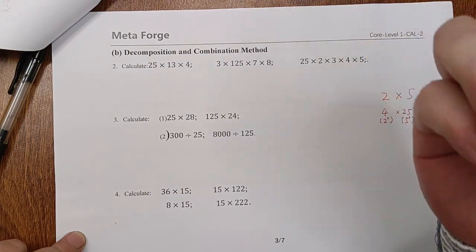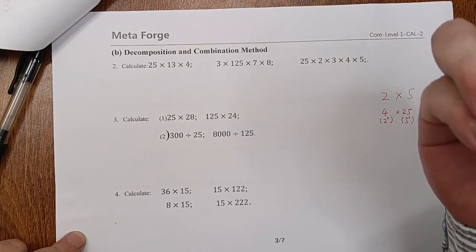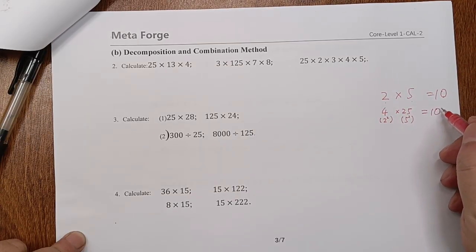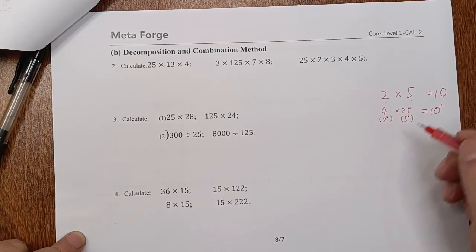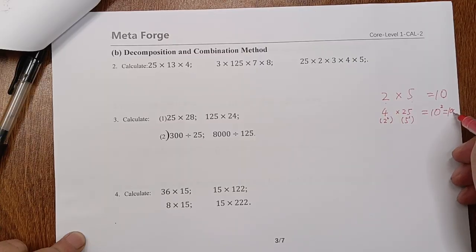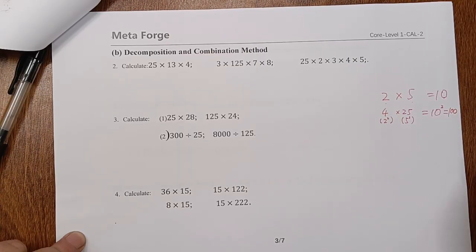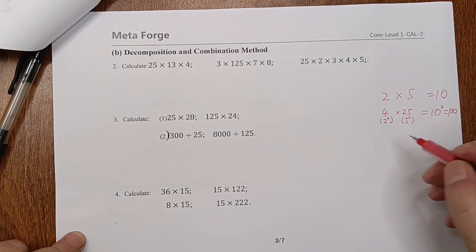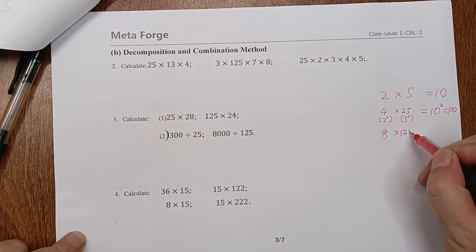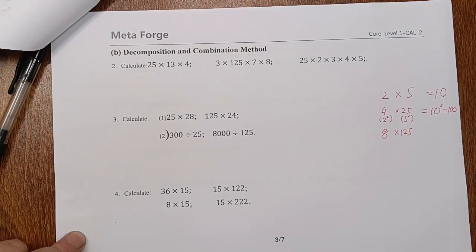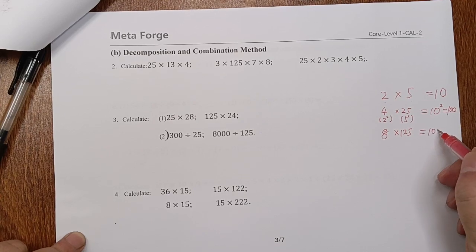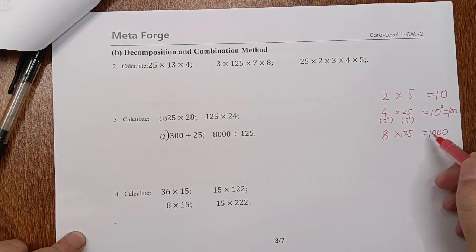Combine them in multiplication, it forms 10 squared, that means 100. Further, 8 and 125 is a pair, to combine to 10 cubed.